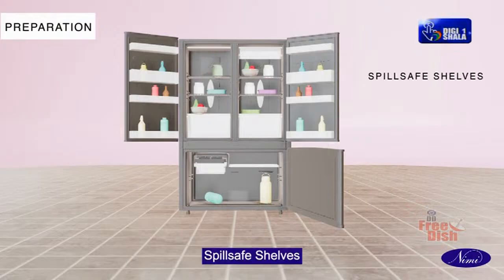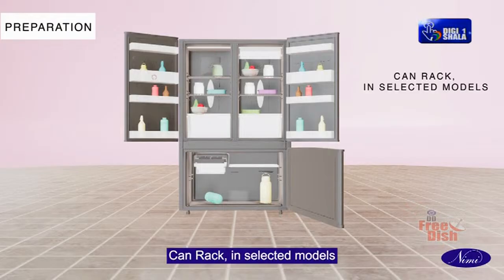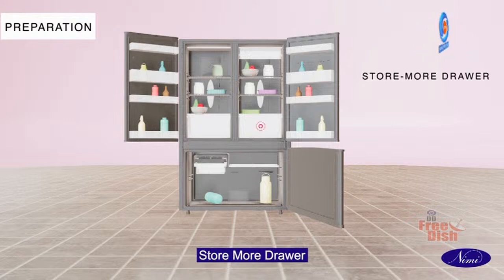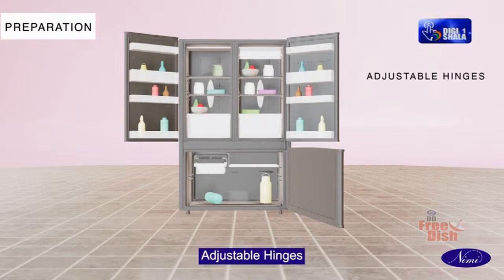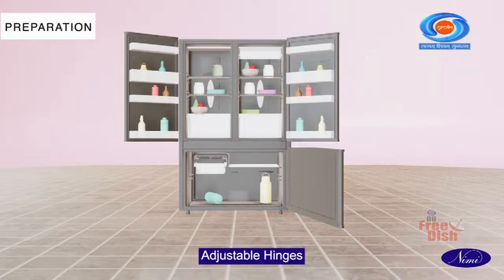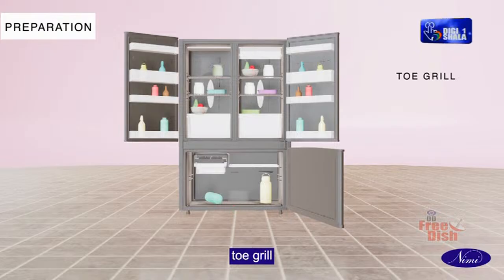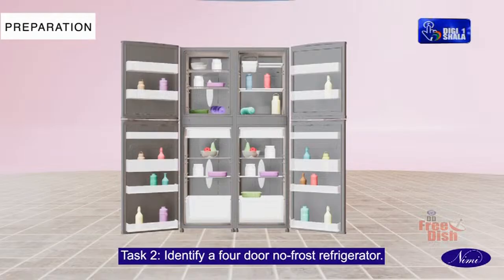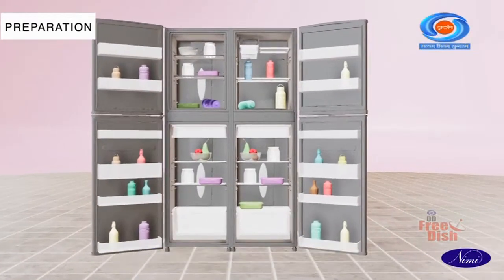Spill safe shelves. Can rack in selected models. Flipper mullion. Crisper dryer. Store more dryer. Door bin. Adjustable hinges. Freezer baskets. Toe grill. Task 2. Identify a 4-door no-frost refrigerator.